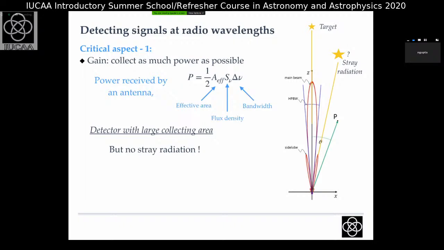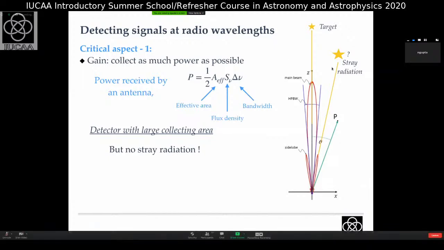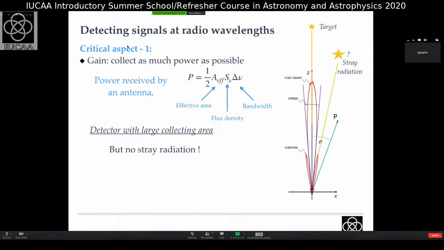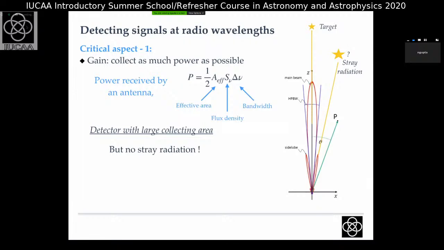If you look at this cartoon here, an aperture would have a main lobe, the main beam, and then it would also have secondary lobes, which are seen here. So it will also be able to pick up some signal from here. The challenge for my experiment is to design the antenna such that I receive signal from my source of interest in the main lobe, whereas in the secondary lobes I do not pick up any stray signals.